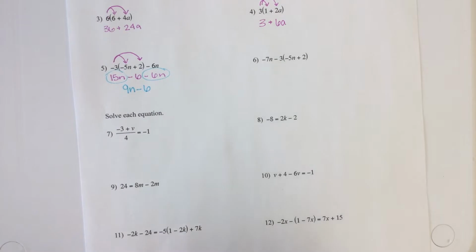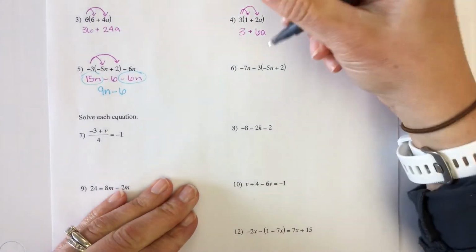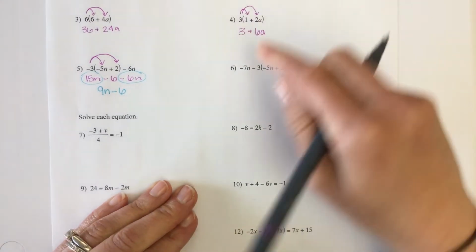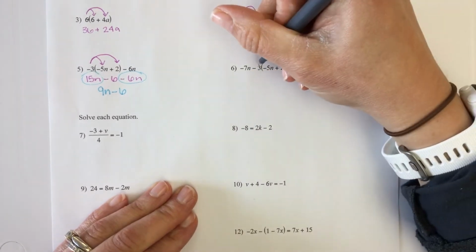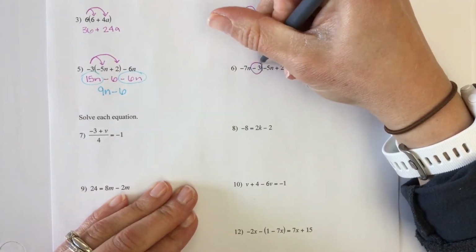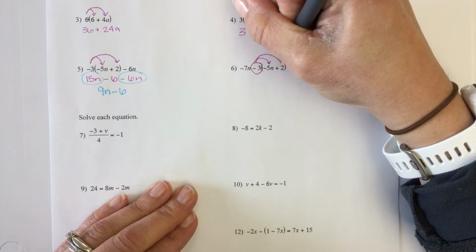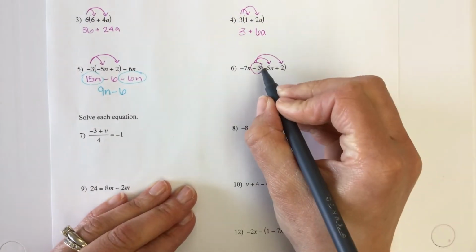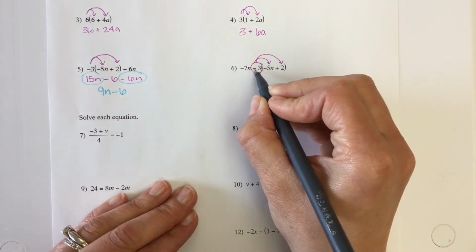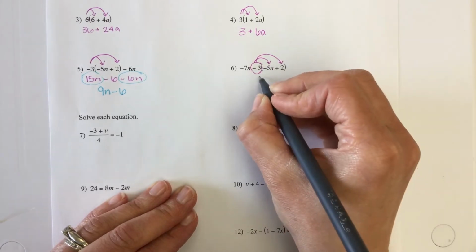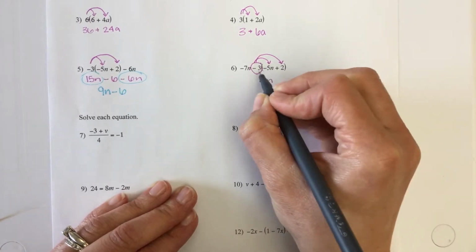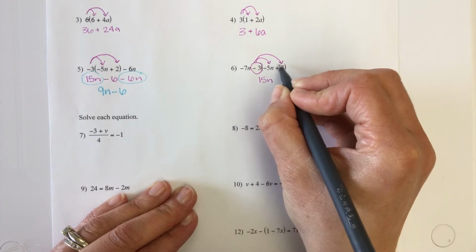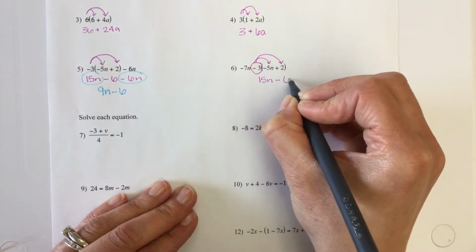Okay, the next problem, number 6. We have a -3, and I know some of you are like, it's not negative, it's a -3. It is, but you have to distribute that negative to both items inside here. So I'm going to do this first. -3 times a -5n gives me a +15n. -3 times a +2 gives me a -6.